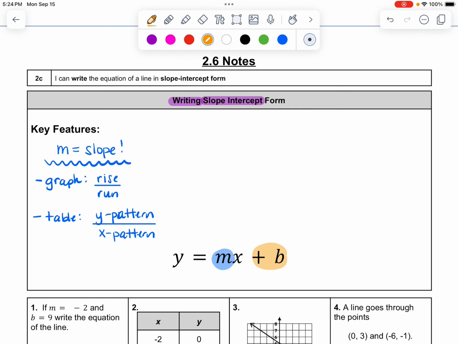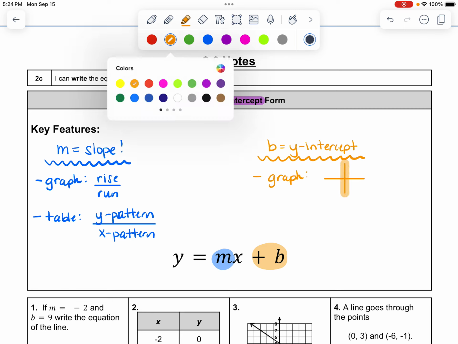In order to find the b, we need to remember that the b is always the y-intercept. Again, the way that you find the b changes depending on the given information. So if you have a graph, you are always going to look for the place on the graph where the line crosses the y-axis, which is this axis right here.